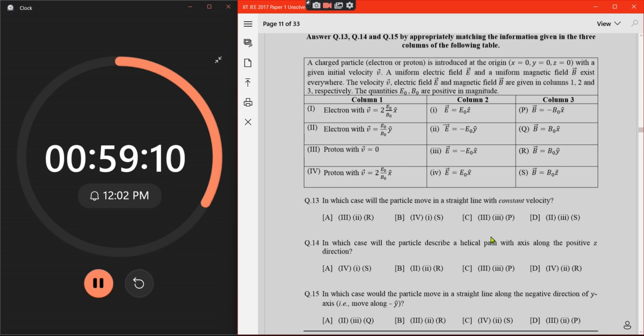My electric field or magnetic field, both should be circular, so this should remain constant, which only happens if electric field has no xy component, right? So your electric field and magnetic field should be in the z-hat direction. Awesome. The particle describes a helical path with axis along the positive z direction.